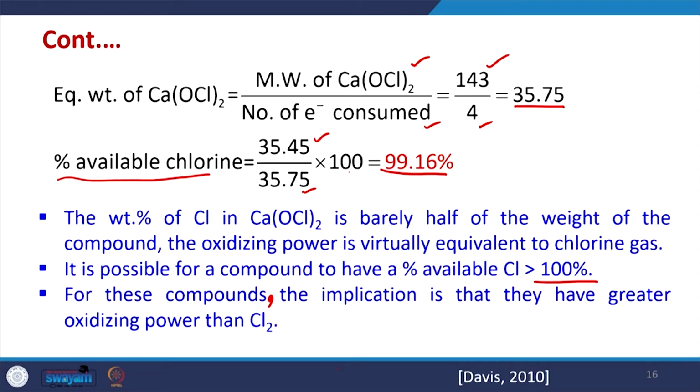If they have more than 100% oxidizing power, since we are comparing with respect to Cl2, they can have more oxidizing power than Cl2 itself. By performing such calculations for other types of compounds also, we can cross-check which compound has more oxidizing power.